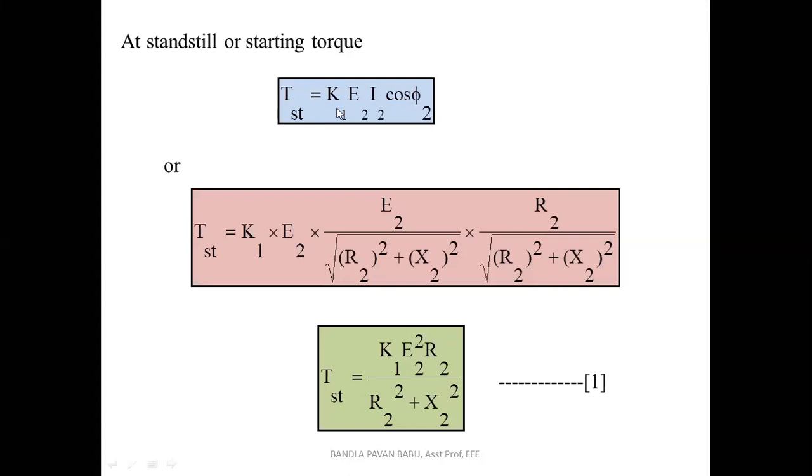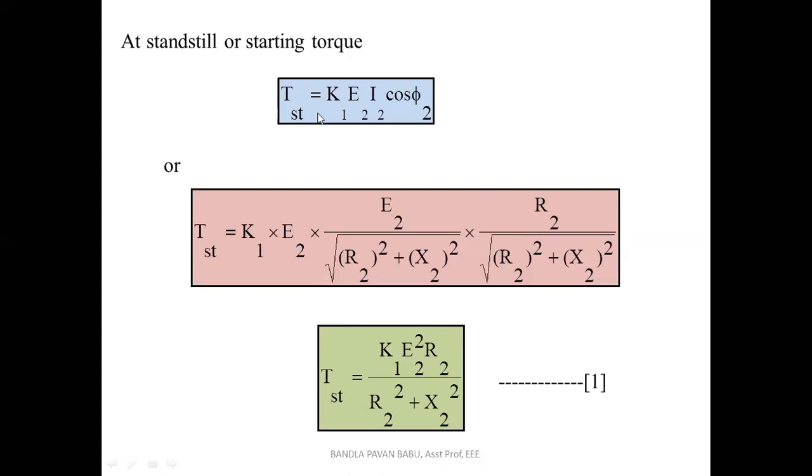So this is the equation. Basically, it comes from T proportional to phi, I2 into cos phi 2. We have seen how it has been converted to K1 E2 I2 cos phi 2. Here we need to substitute all the parameters: what is the value of I2, and what is the value of cos phi 2, that is the power factor.